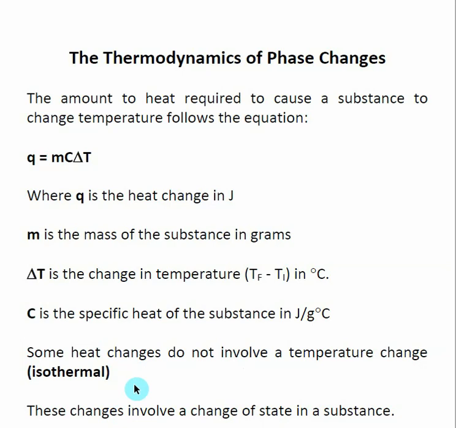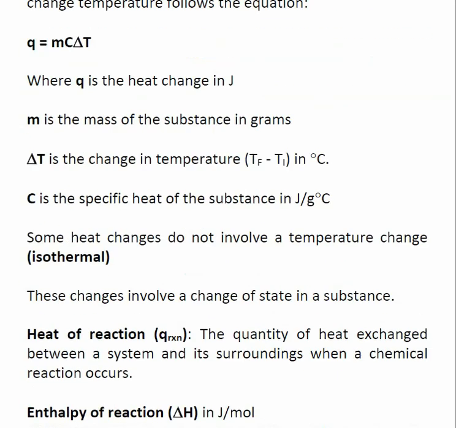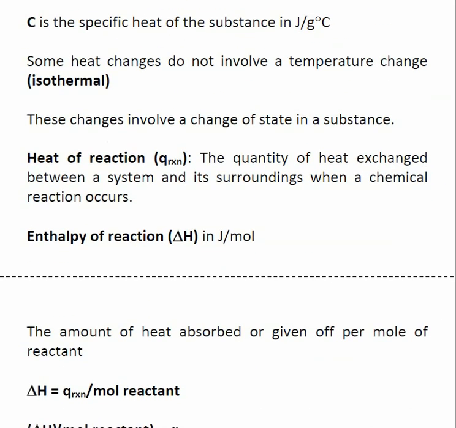So during a phase change, say going from a solid to a liquid, the temperature doesn't change, but there's still a change in the amount of heat going on. So it's isothermal. The temperature doesn't change, but there's still heat being moved around, and that's what we're going to be looking at here. That's what happens whenever we undergo a phase change of a substance.